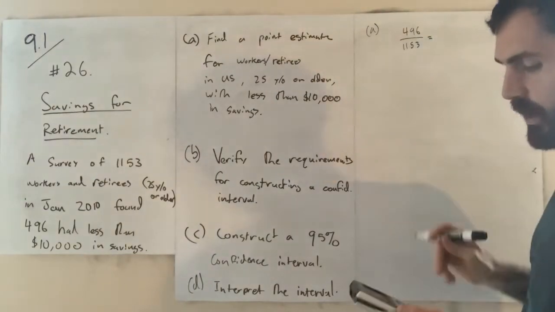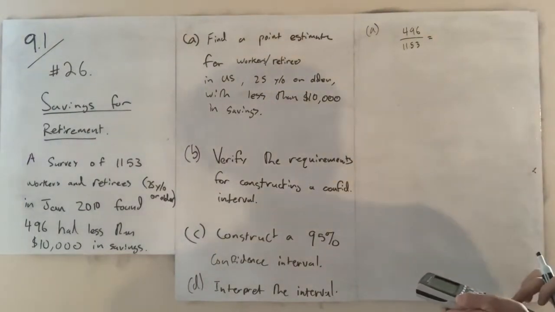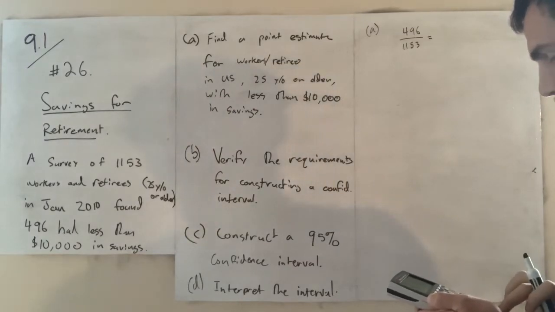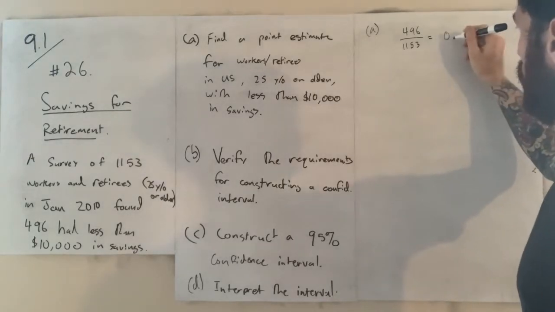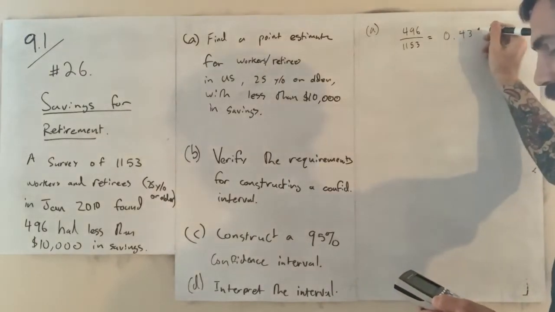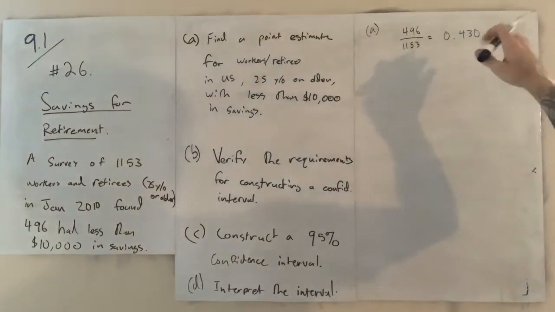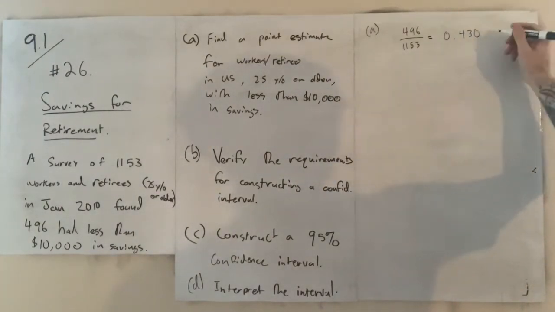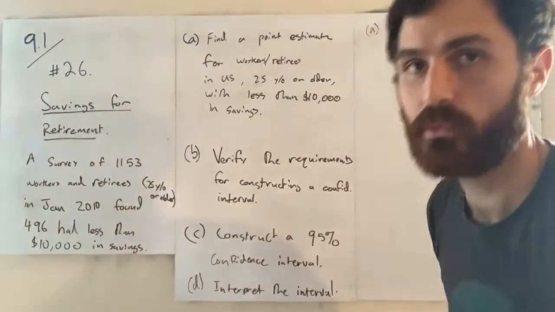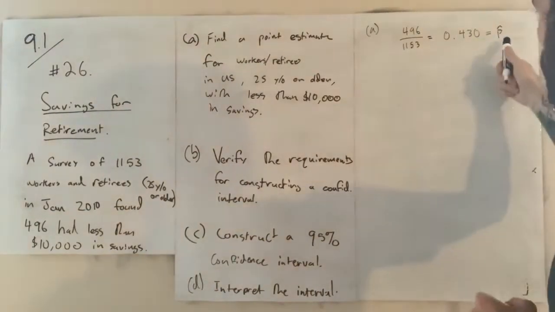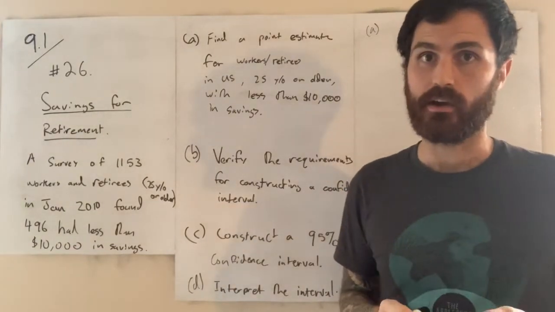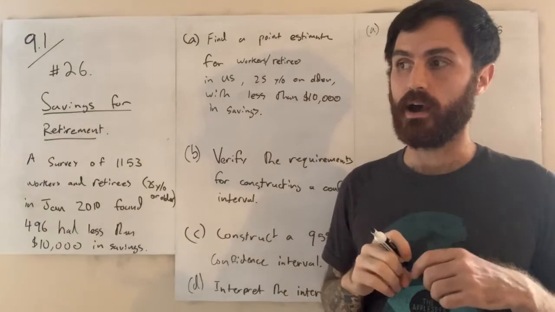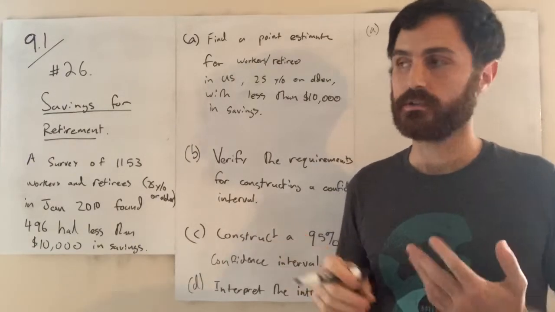When you work out 496 divided by 1153, you get 0.430. That's out to 3 decimal points, which is perfectly fine. This is going to be our point estimate. We're going to call it p hat. Now remember, p hat is both our point estimate, and we also think about it as a random variable based on sample distributions.